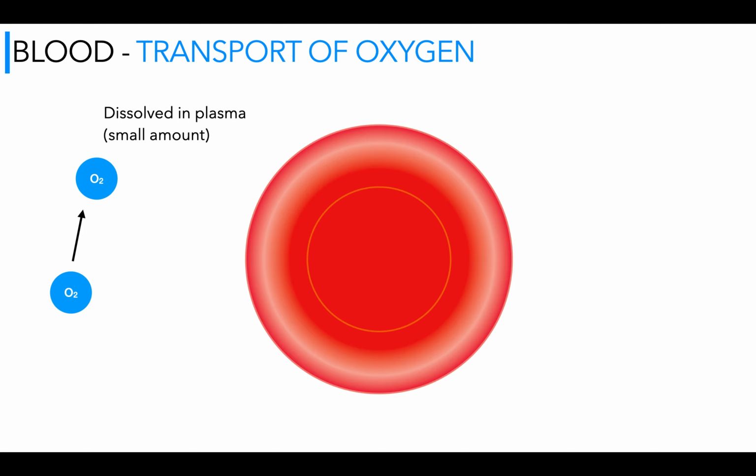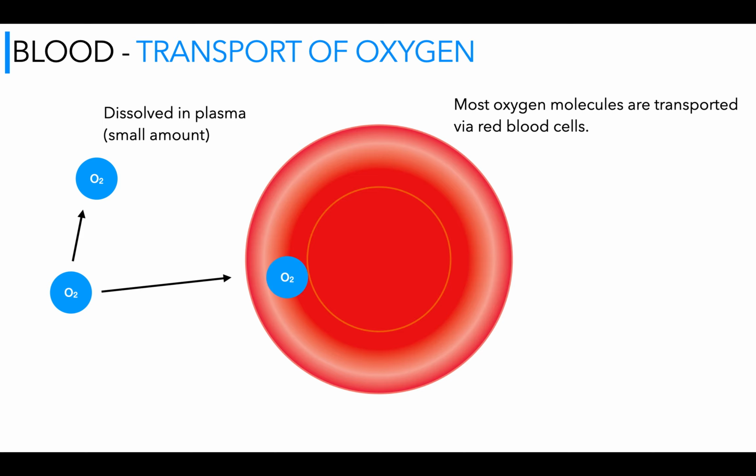The concept here is that a small amount of oxygen is dissolved in blood plasma. The majority, as you can guess from that diagram, is transported within the red blood cells.